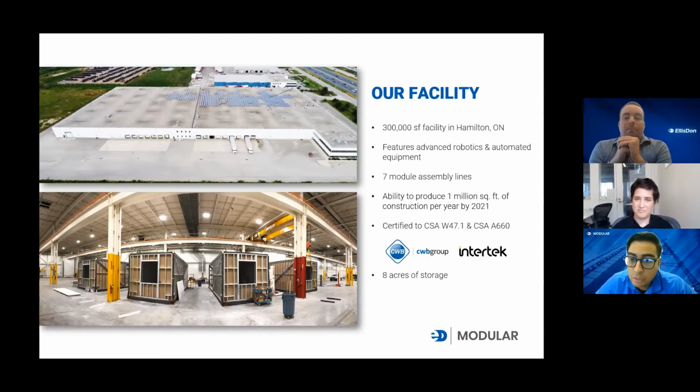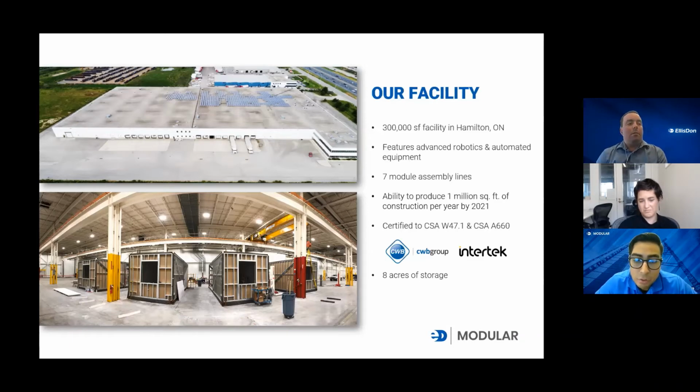And also features state-of-the-art robotics and automated equipment. So essentially we have material handling robots, welding robots, cold form steel machines as well, and a lot of advanced tech that's coming into the market, which really makes modular construction really reliable and effective as the preferred method of construction going forward.